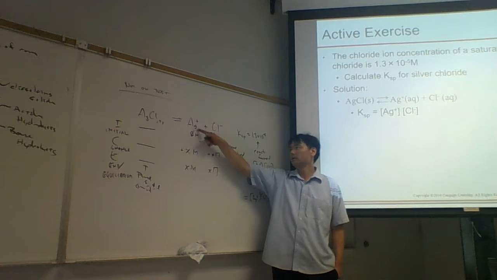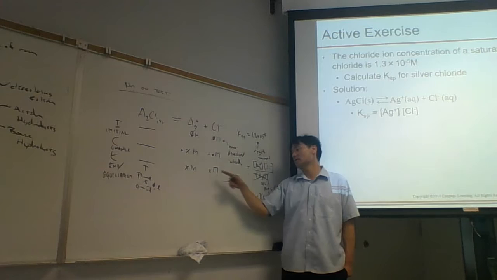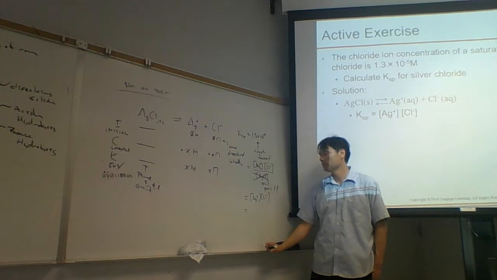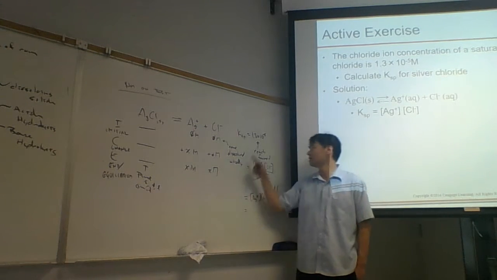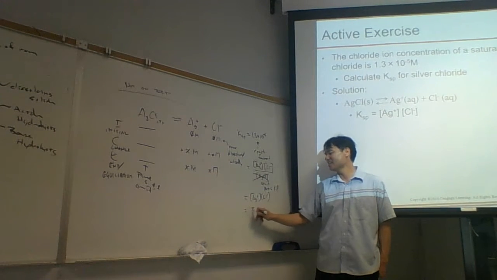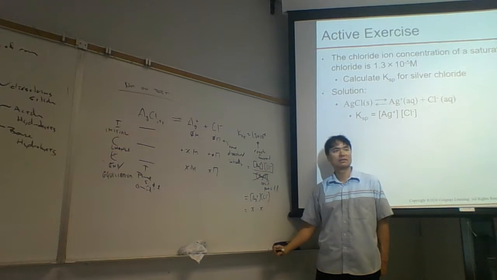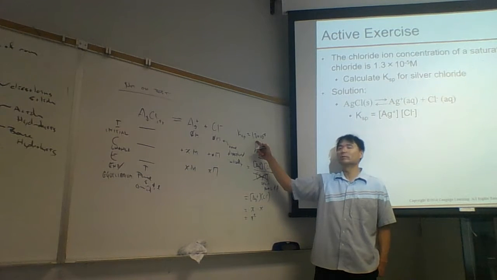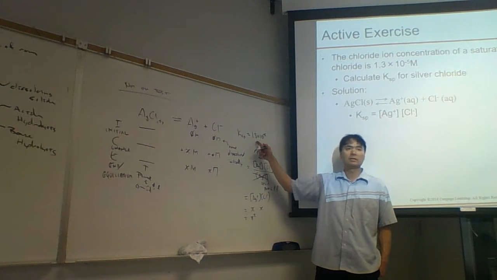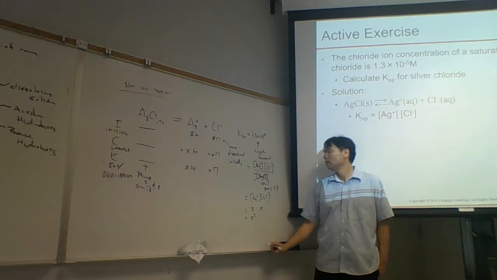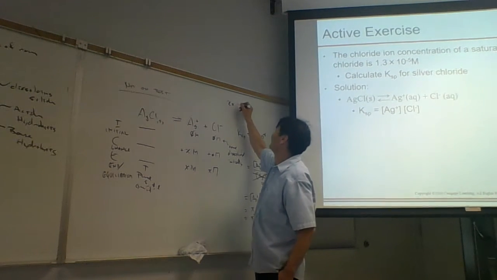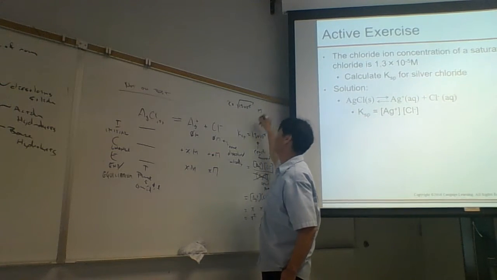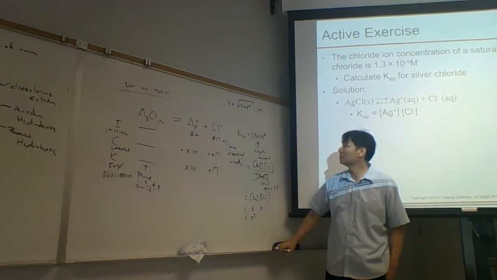X is the concentration of silver ion, which happens to be the same as the concentration of chloride ion, so a 1 to 1 mole ratio. And so this has to be this. And so this is going to give me x times x, which is x squared. And therefore x is the square root of 1.3 times 10 to the minus 5. Then I'll add the units, because K doesn't have units, so I have to add the units here.